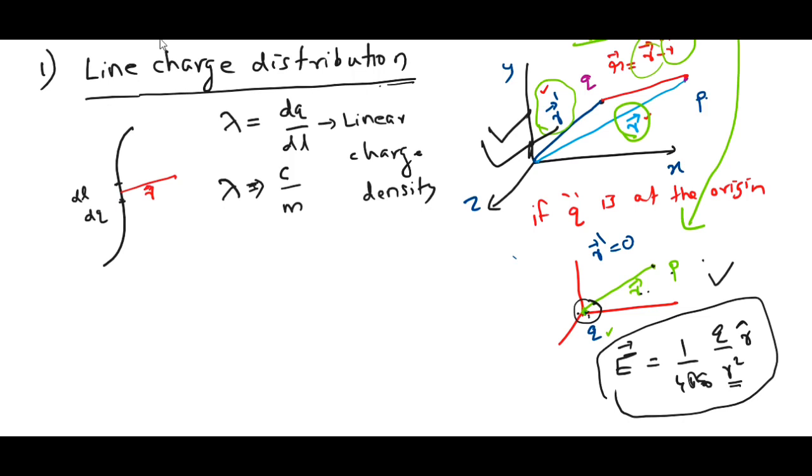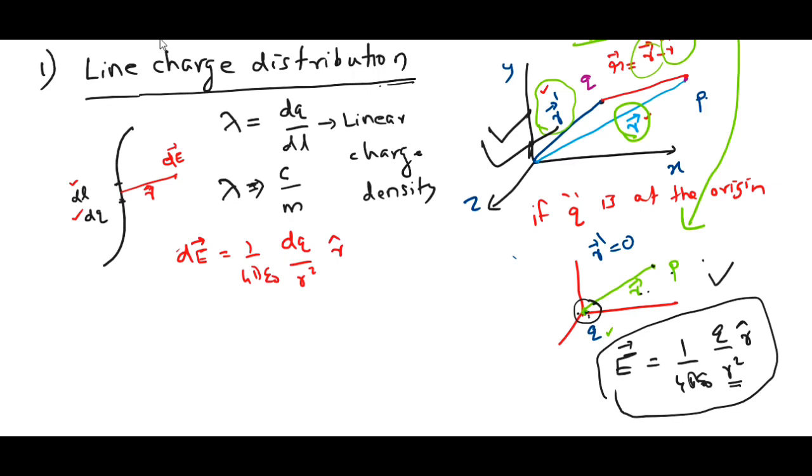from this line segment is given by dE, because this electric field is due to the small line segment dl and charge dq. Therefore, the expression for the electric field I can write generally as dE is equal to 1 by 4 pi epsilon 0, dq by r square, and in vector notation, r cap.